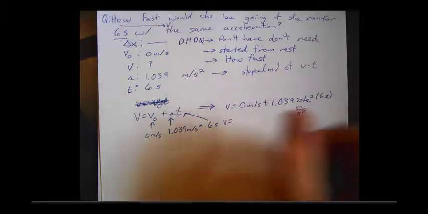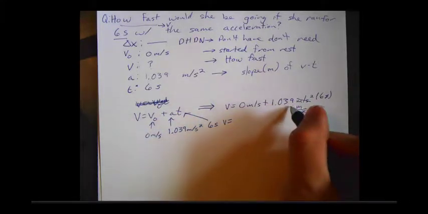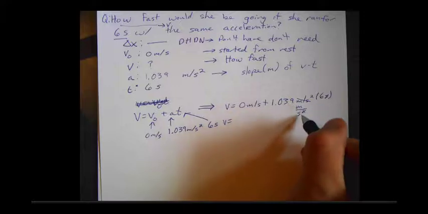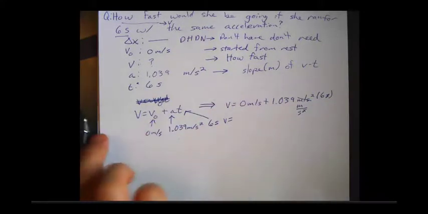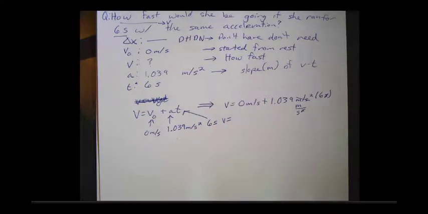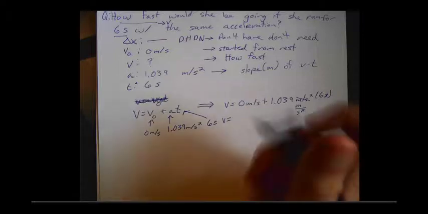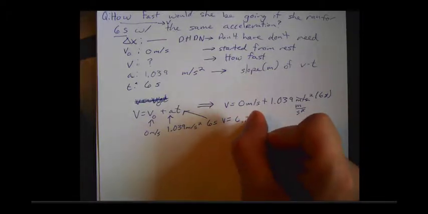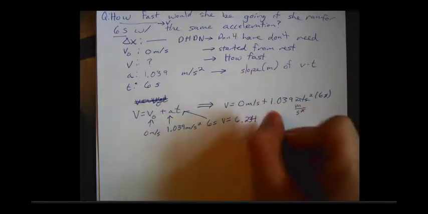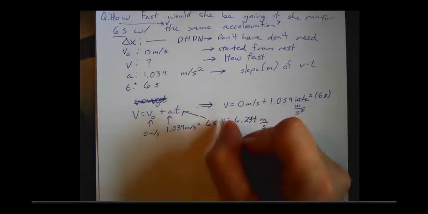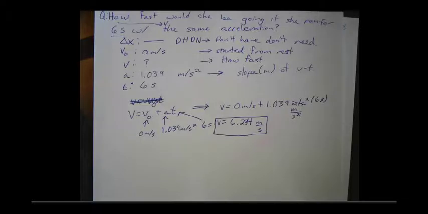So our velocity becomes 1.039 meters per second times 6, which equals 6.234 meters per second. That is our final answer.